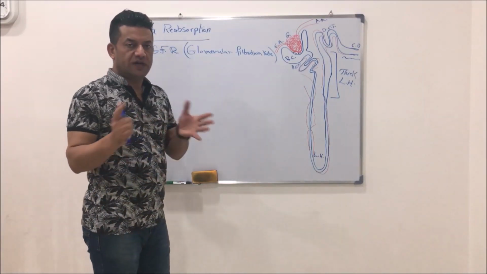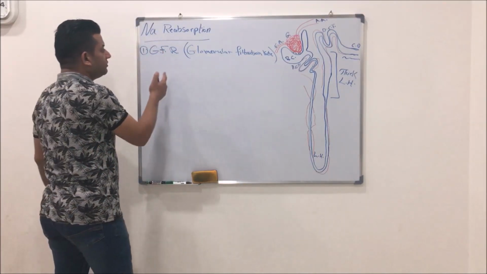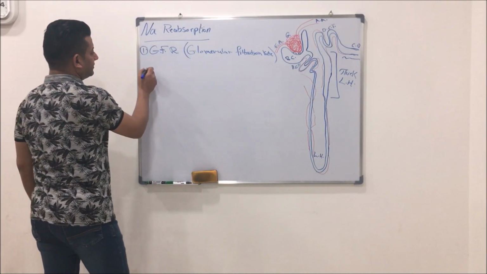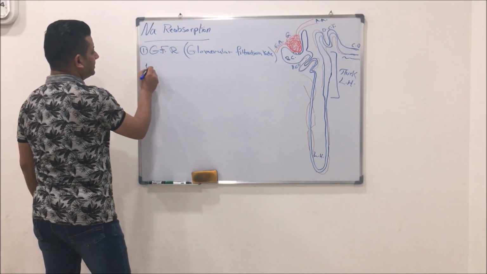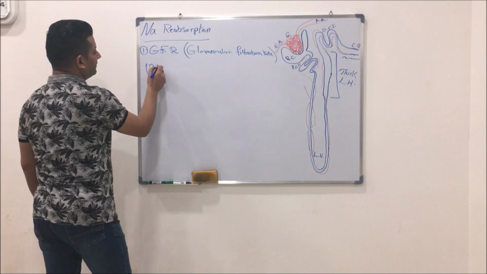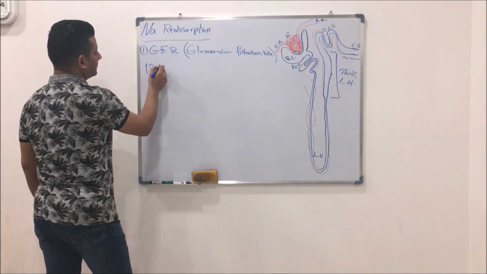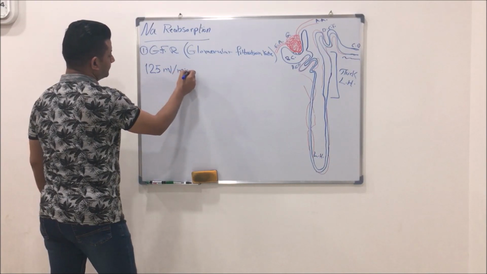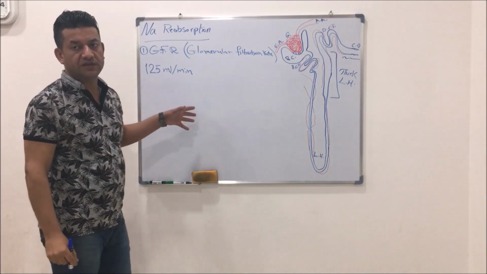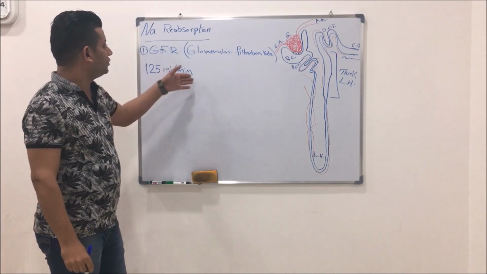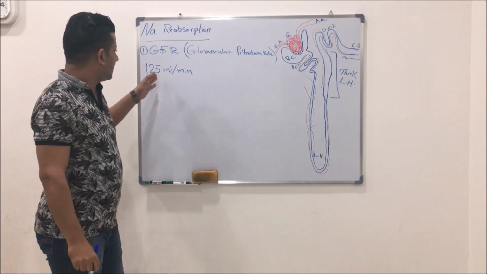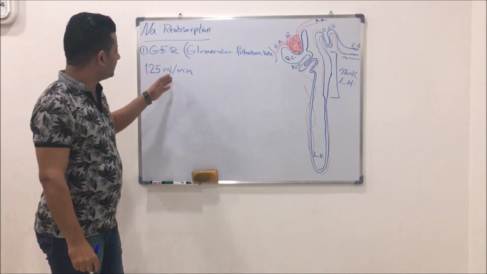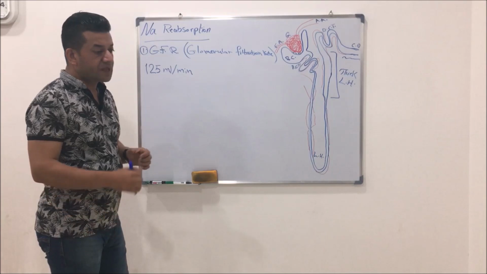Let's recall together that the normal glomerular filtration rate, or GFR, is about 125 ml per minute.